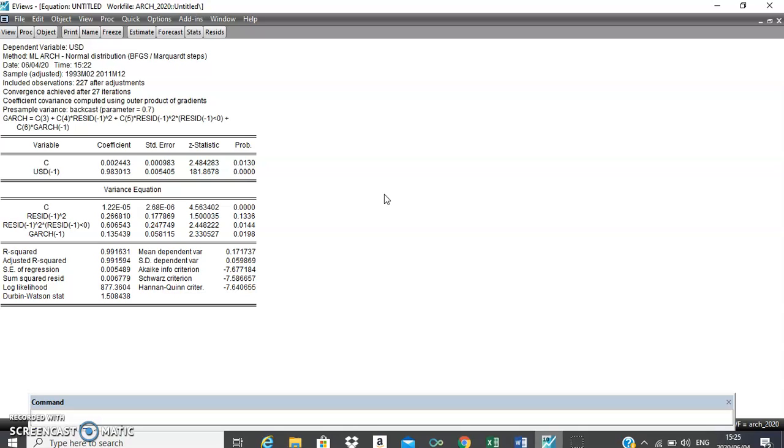Okay, and therefore it indicates that the negative news, which is the depreciation of the Namibian dollar, has a larger effect, or leverage effect, on the volatility. That's why we always say negative news results in more volatility compared to positive news.